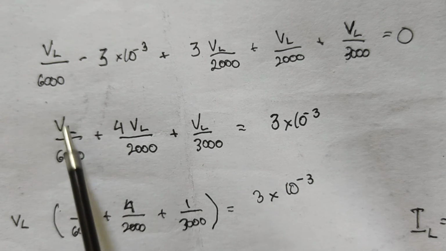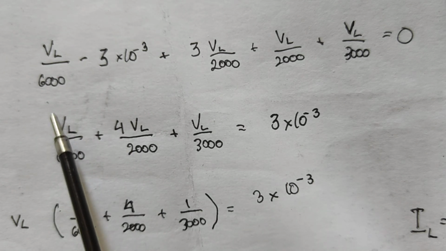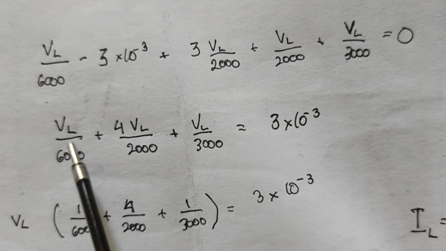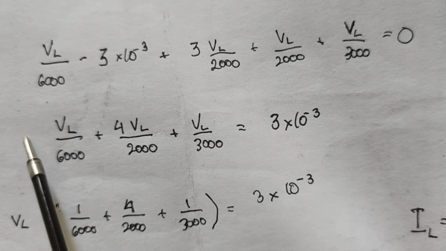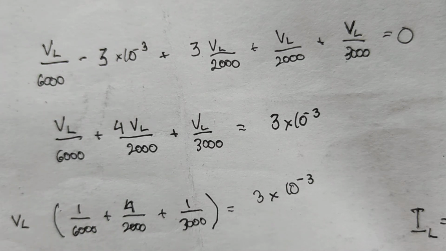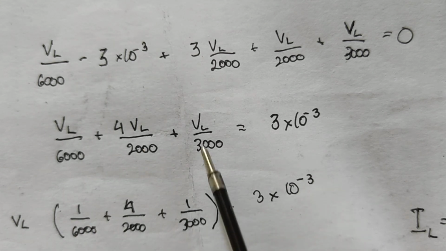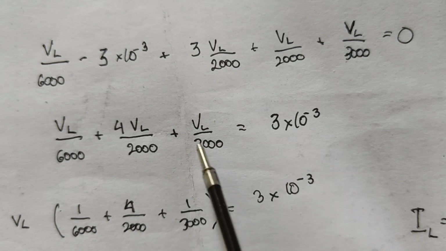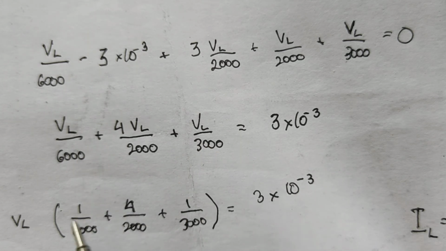Since they have one common variable, VL, I factored out VL, which gives VL times 1 over 6,000 plus 4 over 2,000 plus 1 over 3,000.